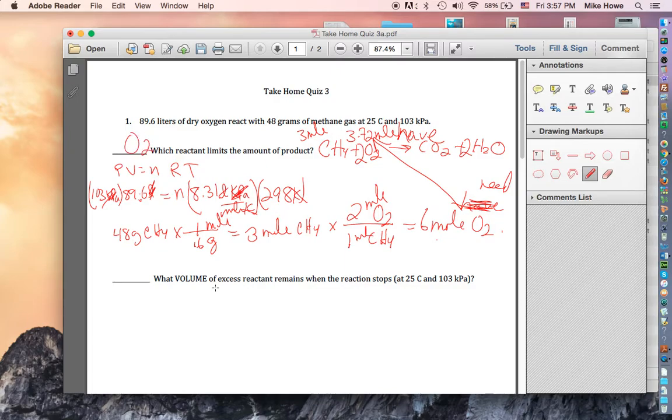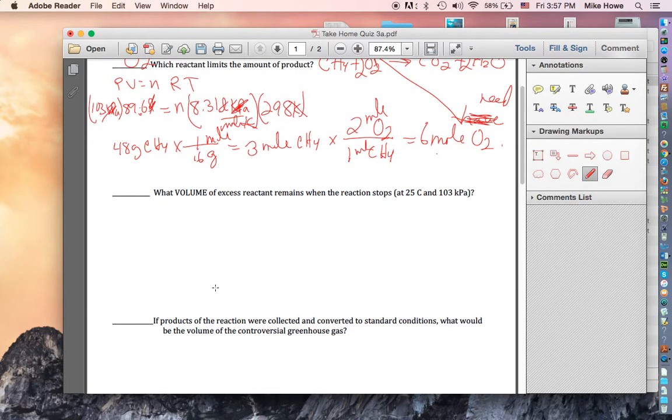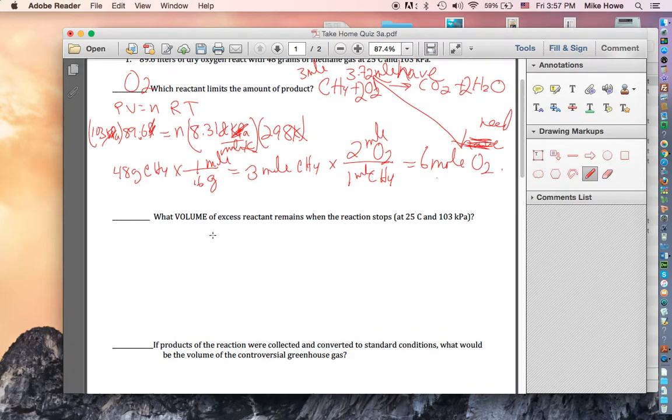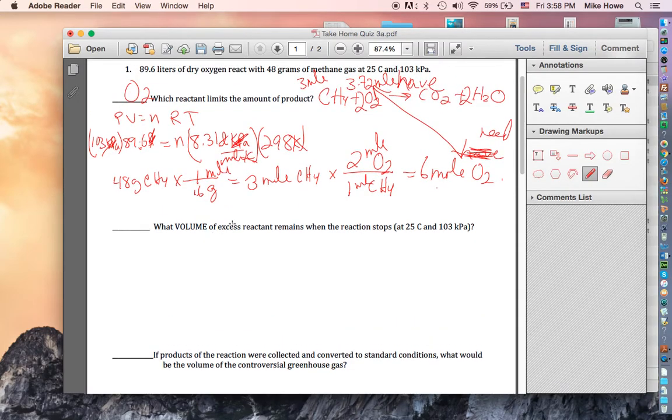Okay, the volume of excess reactant that remains when the reaction stops will be based on the limiting reactant, which is the oxygen. So you're going to take your moles of oxygen, which is 3.72 moles, and then find out how many moles of methane you will actually use.